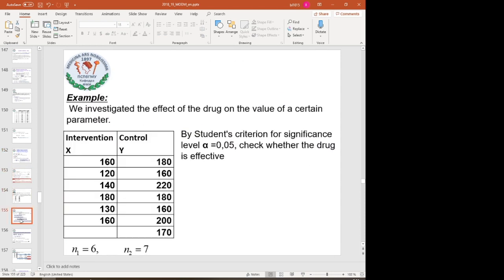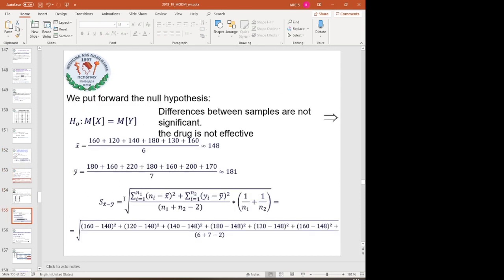So let's check. We will use the first formula, assuming that variances are the same.